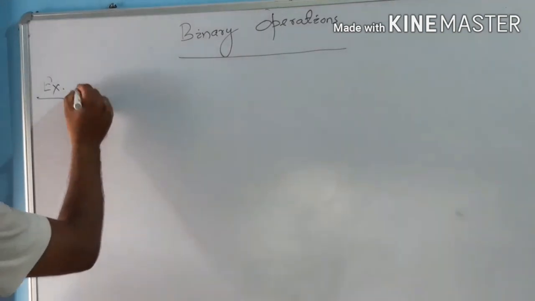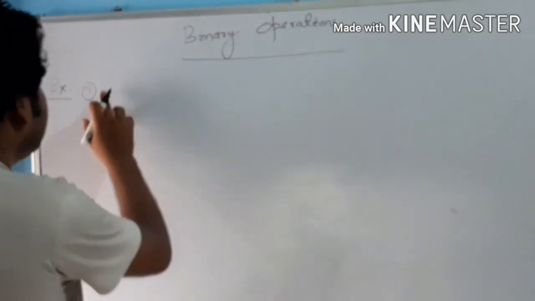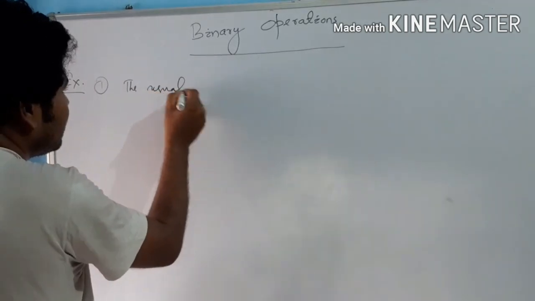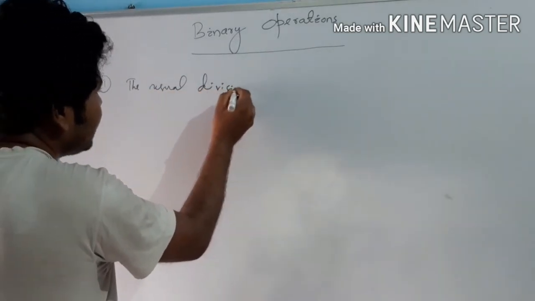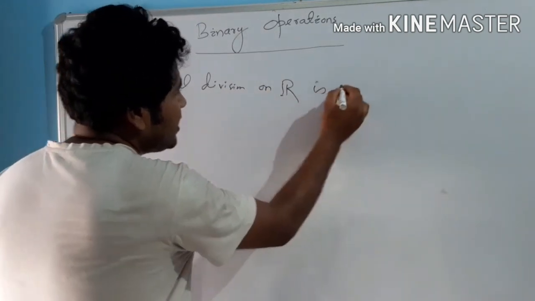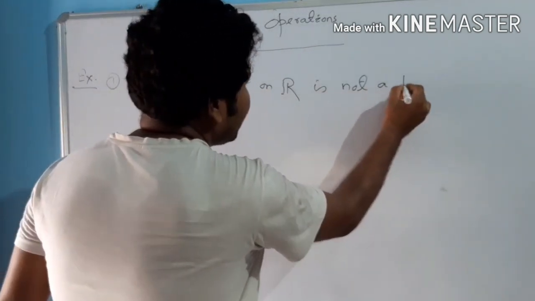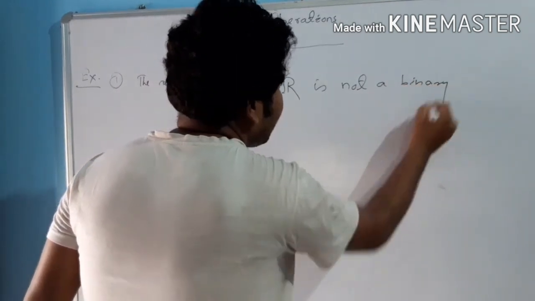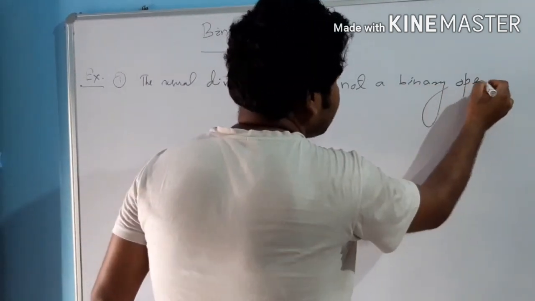Exercise 1. The usual division on the set of real numbers is not a binary operation.